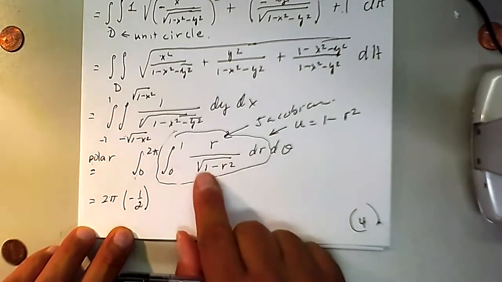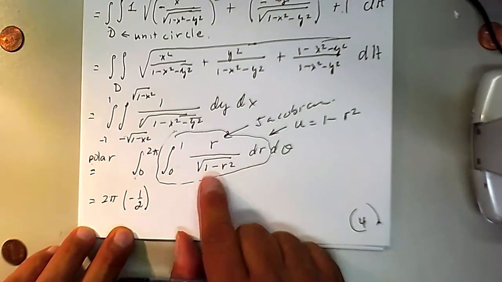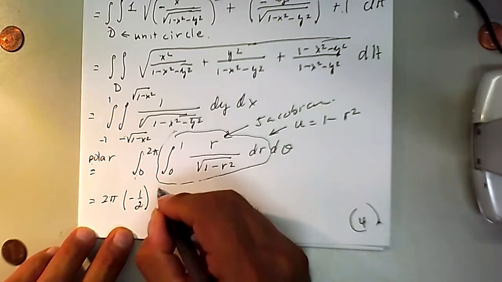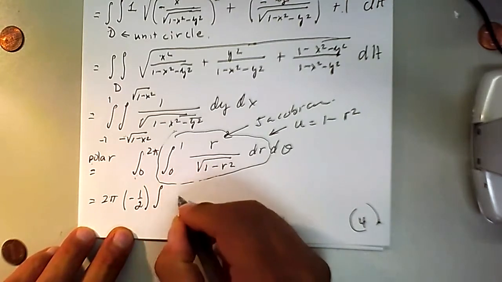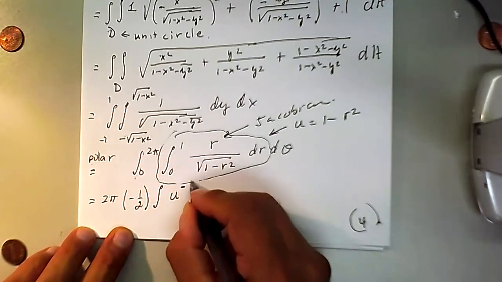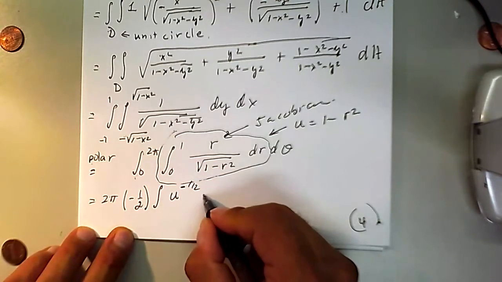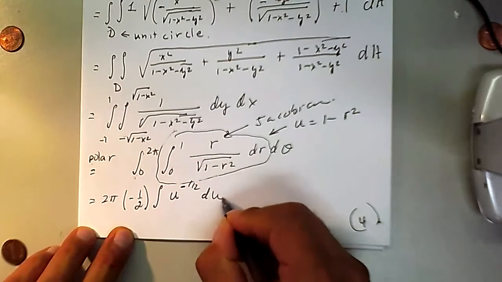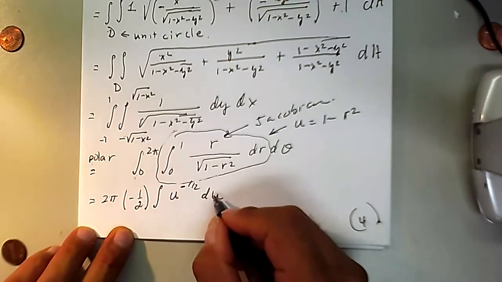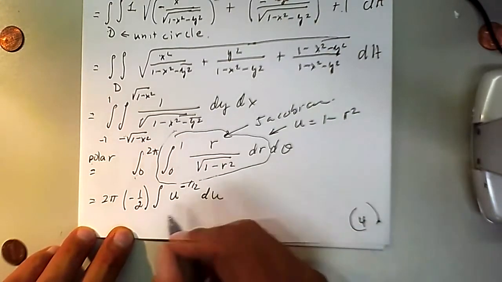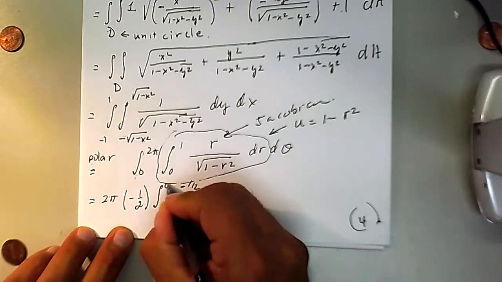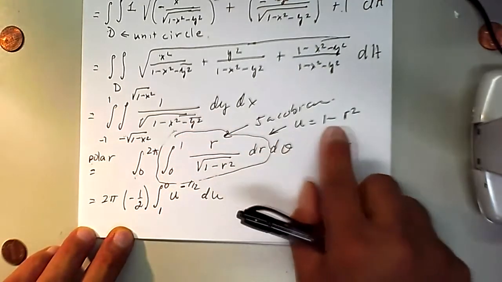And we're going to have the square root of u in the bottom. So because I want to use the power rule, I'm going to say u to the negative 1/2 du. And when r is 0, we are at 1 and 0. So those two flip because of the way this is constructed.